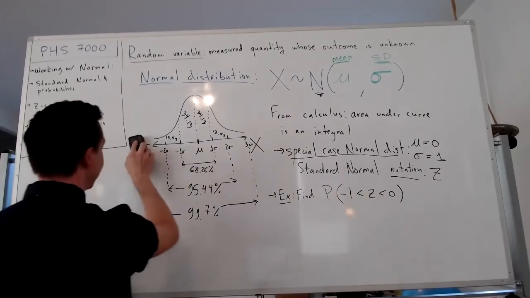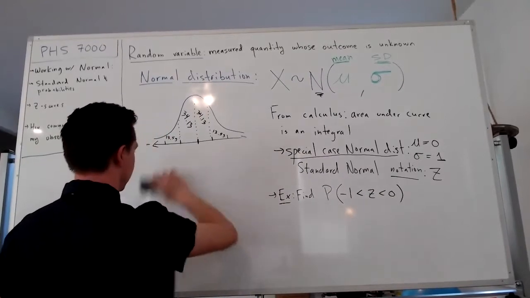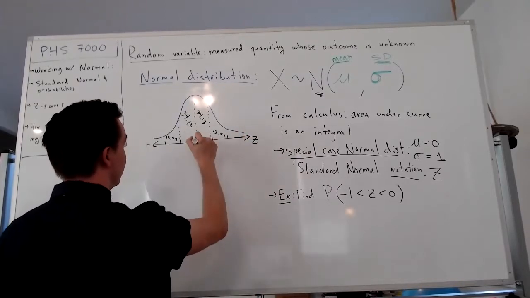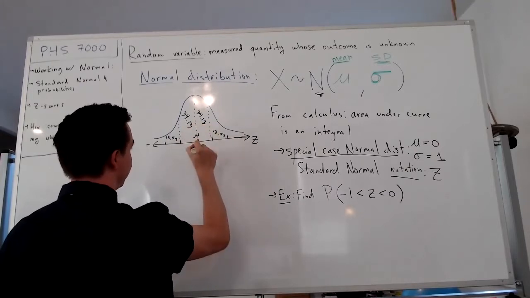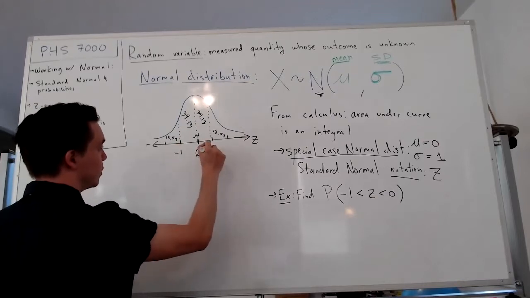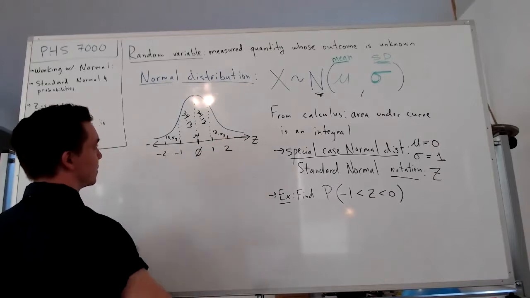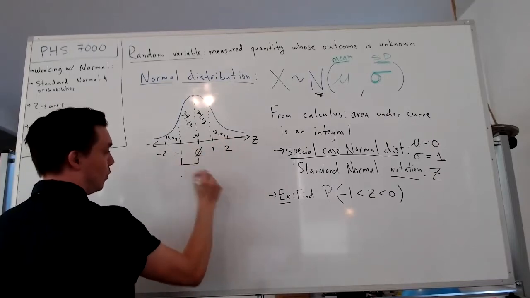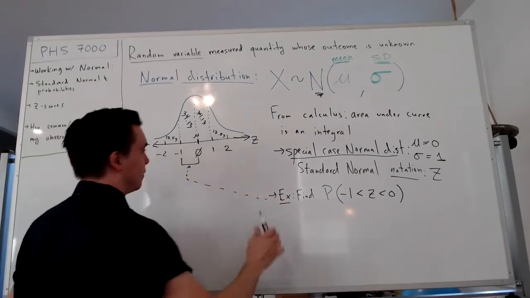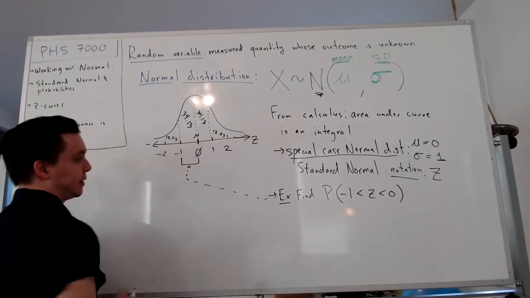So if I now start talking about a standard normal distribution, this point right here is my mean 0. This is -1 standard deviation. This is +1 standard deviation. This is -2 standard deviations. And this is +2 standard deviations. So the question I'm asking is, what is the probability that my standard normal variable is between -1 and 0?